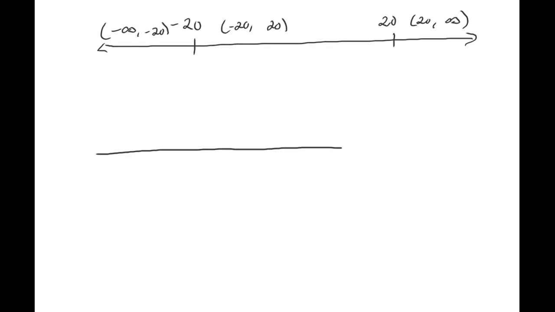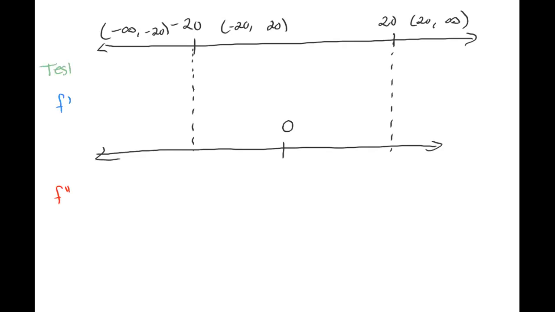I'm going to use the second number line for the graph of f, putting only that possible inflection point on there. And I'm just going to show where they connect. So for this top one, I'm going to figure out the sign of f prime. For this bottom one, I'm going to figure out the sign of f double prime.